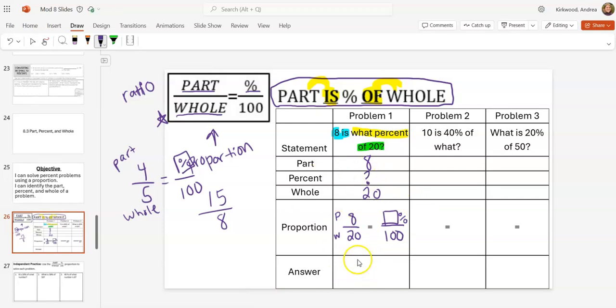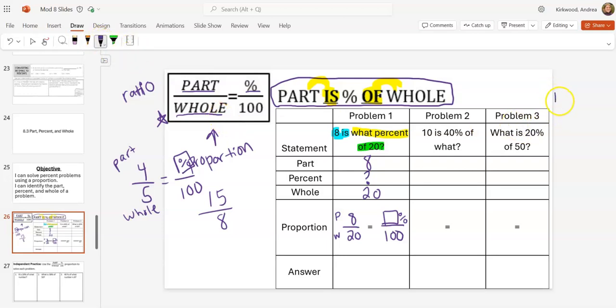Now that I've set this up, I can use my multiplication skills, my scale factors, to make an equivalent ratio and find that missing piece. Now, I could also use any of those other skills that we learned in our last video. We'll do it on the other side here.